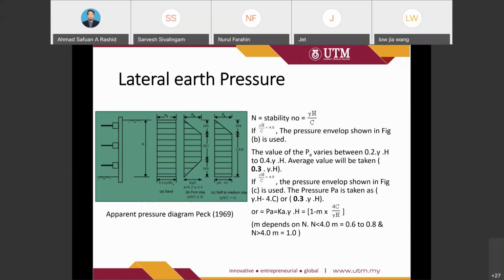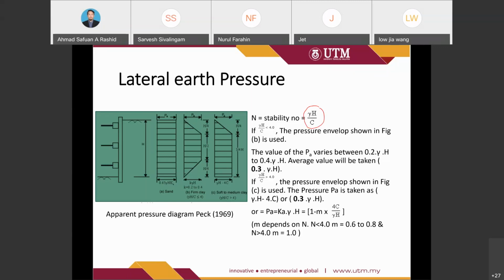In order to determine whether the clay is firm or soft, we may use the stability number, which is gamma H over C. So if gamma H over C is less than 4, we may use the distribution diagram B. If gamma H over C is greater than 4, we may use the distribution diagram of C. Okay.